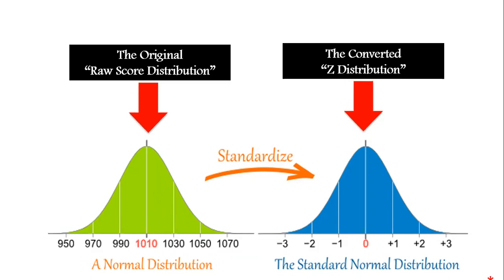On the other hand, the standard normal distribution is based on z-scores. For every raw score in a distribution, there is a corresponding z-score. These z-scores form their own separate distribution that we can refer to as the standard normal distribution or the z-distribution.